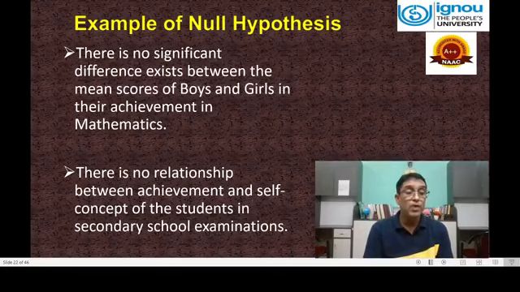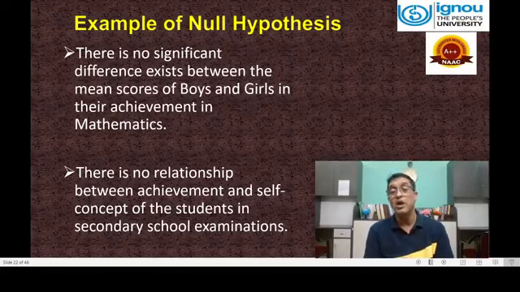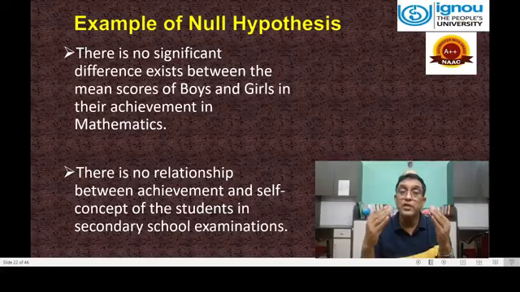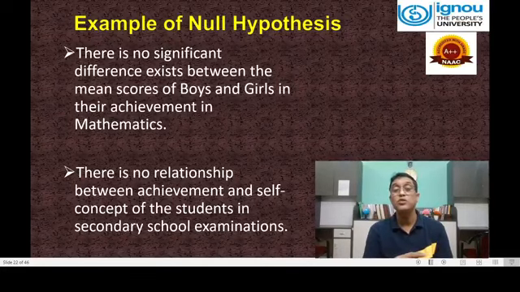And further, we discussed research questions, how to state a research question, what its importance is, and how research questions help in stating the research objectives and the research hypothesis, and the different sources for stating the research question.